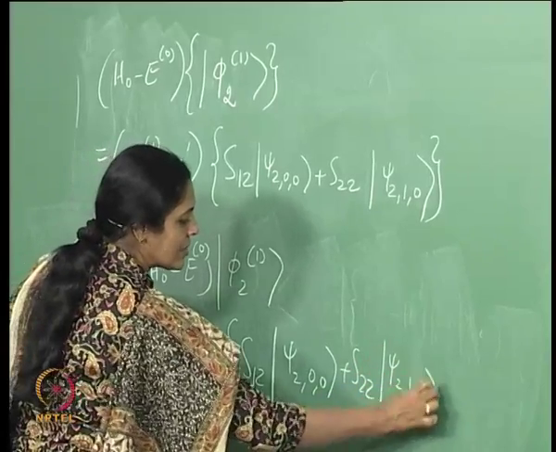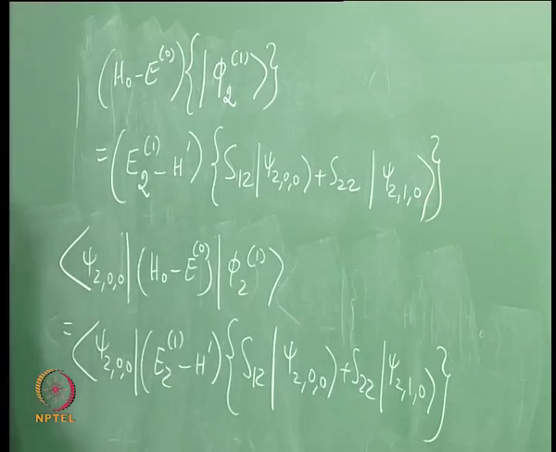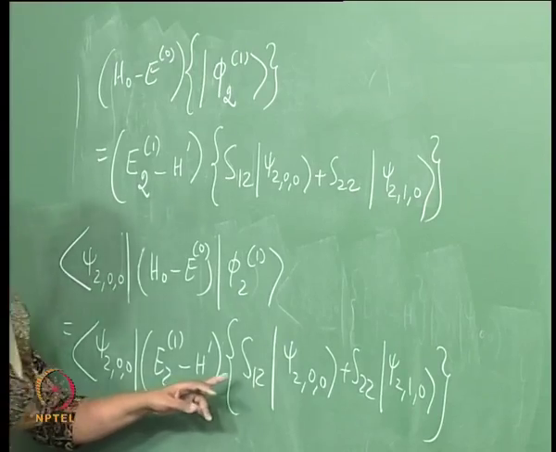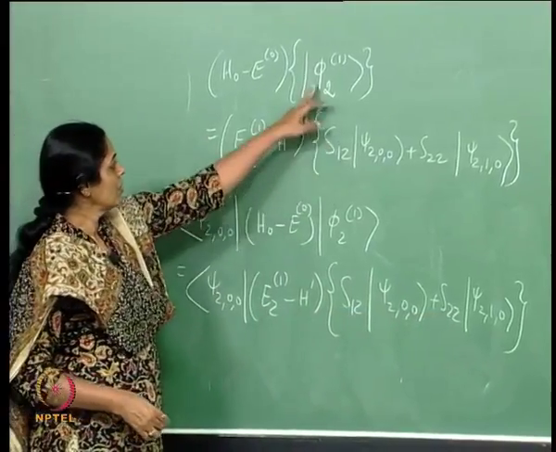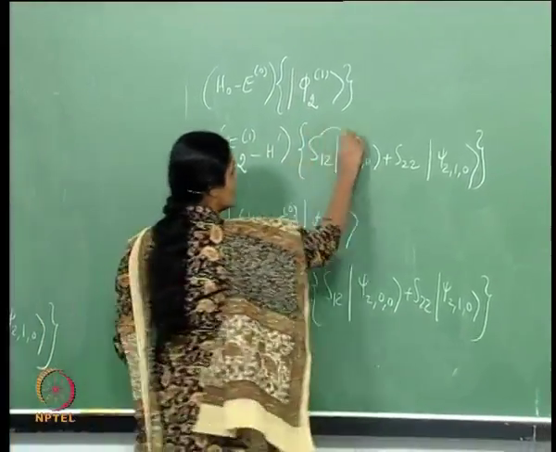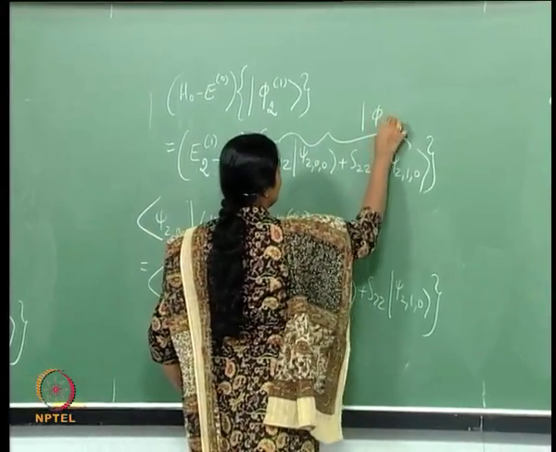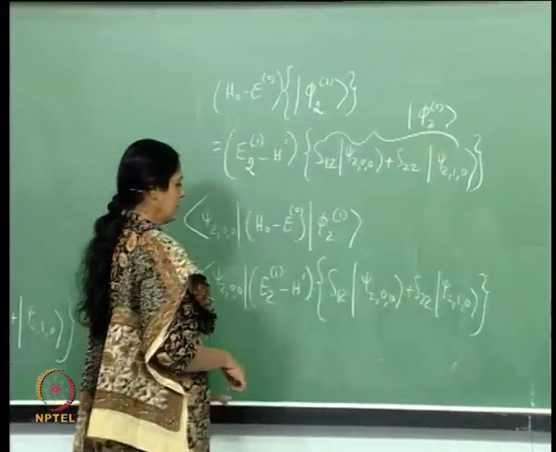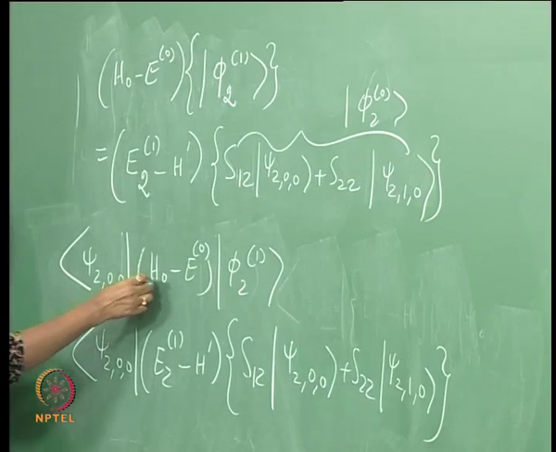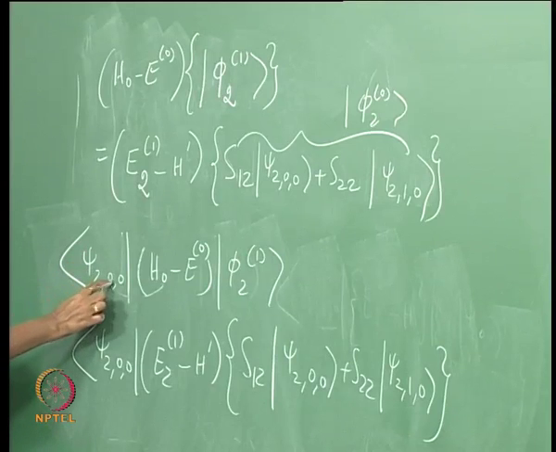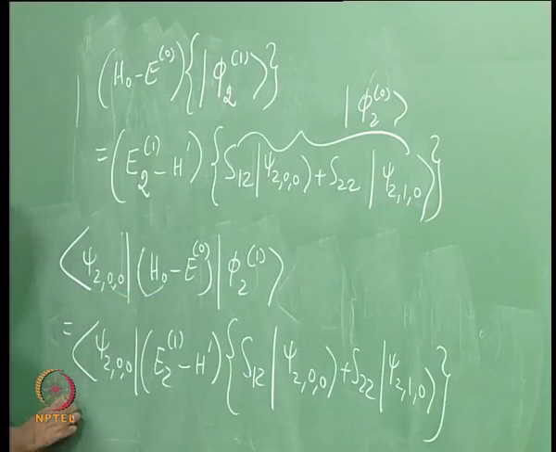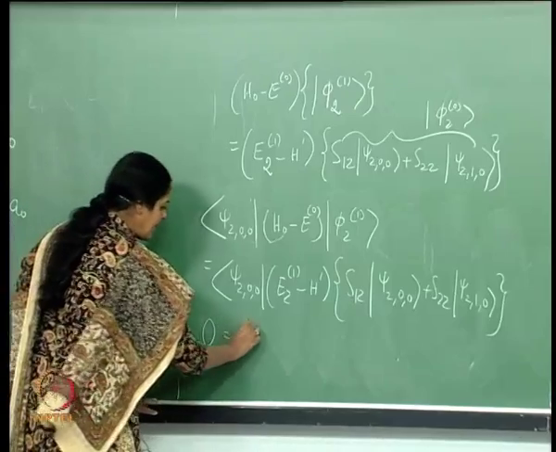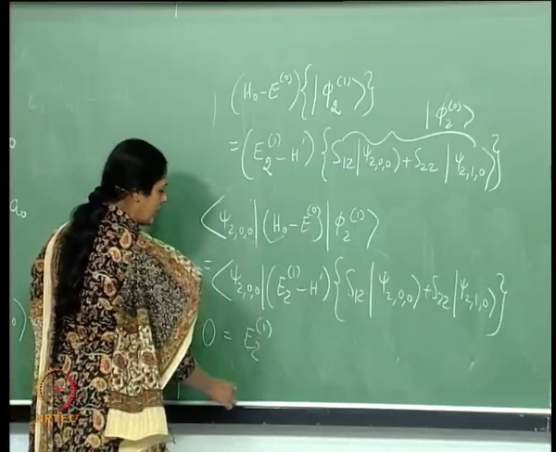It's evident that in this case, the corresponding eigenvalue equation would be used to determine S12 and S22, and therefore phi 2 0. Once more, the left hand side is 0, because psi 2 0 0 is an eigenstate of H0 with eigenvalue E0. So the left hand side is 0, and the right hand side gives me 0 is E21.